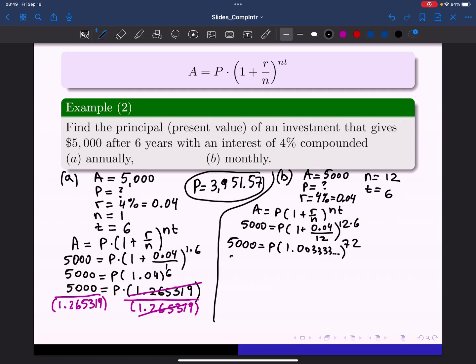So then we have 5,000 is equal to P times, and I'm getting 1.270741879. So then to solve it, we would divide by 1.270741879, usually either using the power answer key.